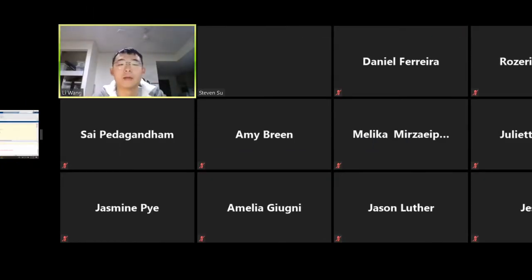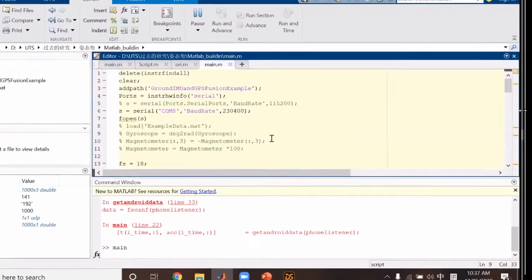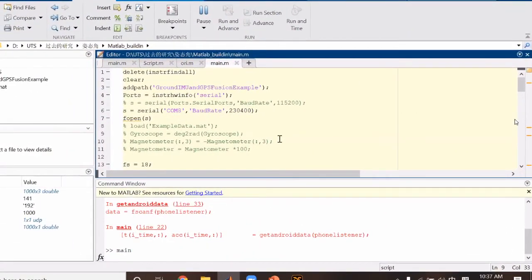Here is MATLAB. My computer is quite slow, just need some patience.